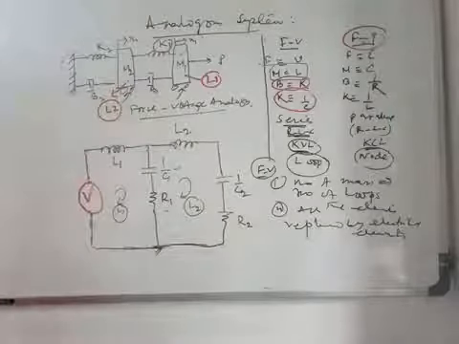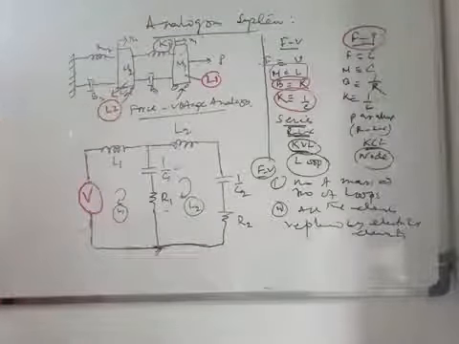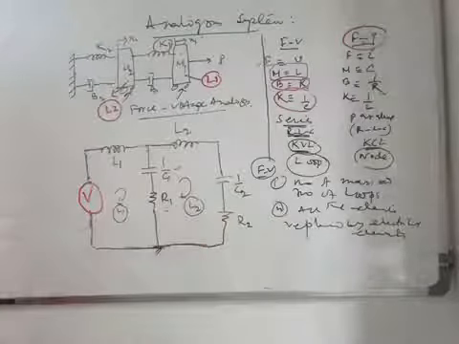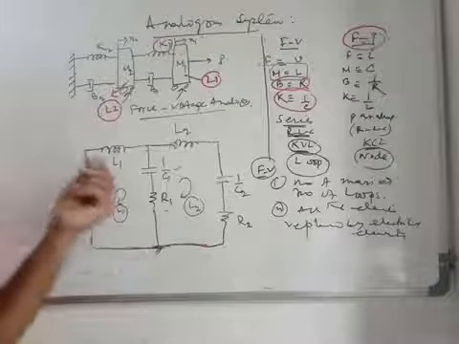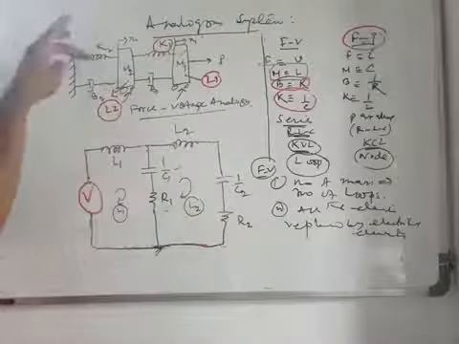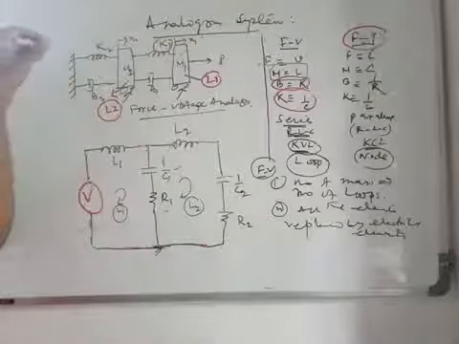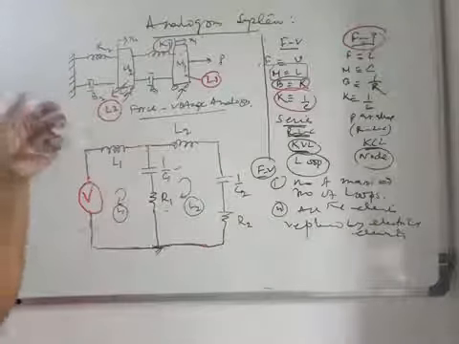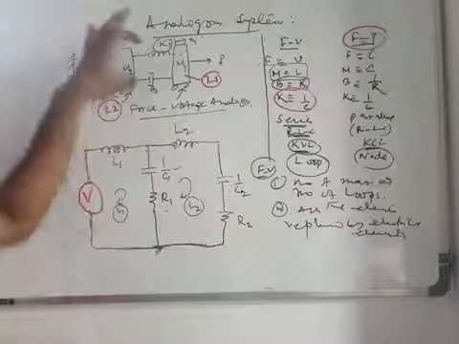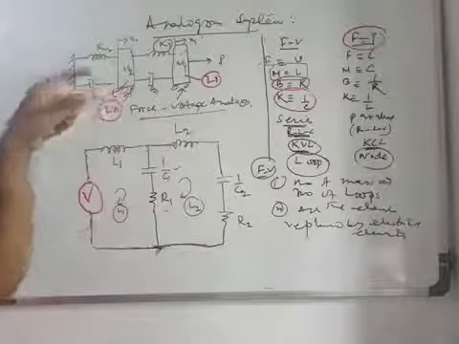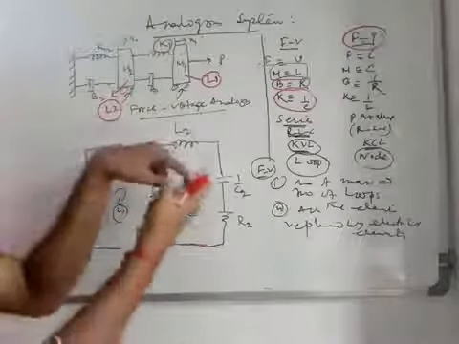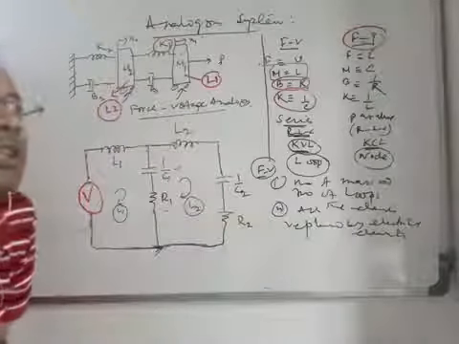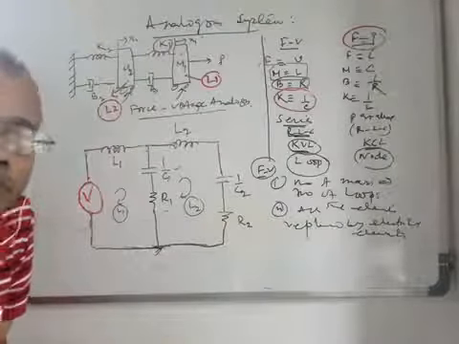In the case of force voltage analogy, one of the most important things is that the storage element, the spring, and the damping element, the damper, are connected in parallel in the mechanical network. In the electrical network, they will be connected in series. This is one of the most important observations you have to make.